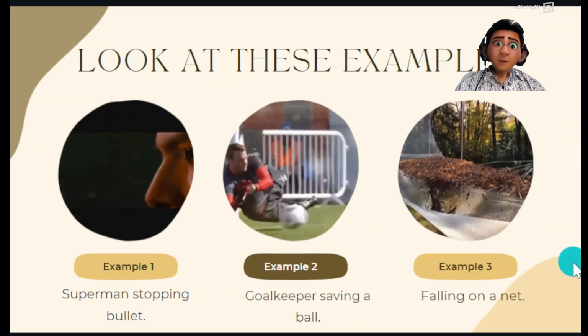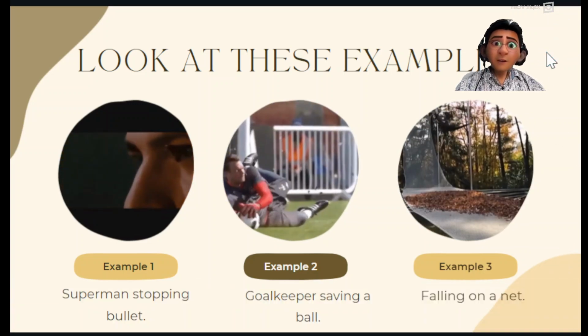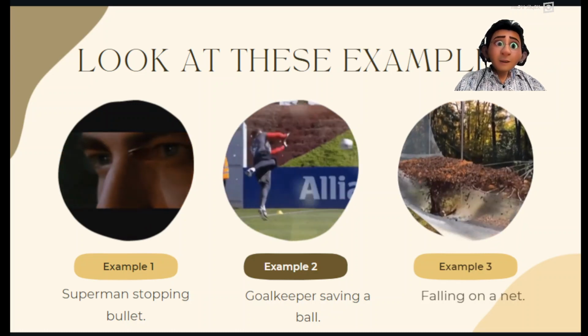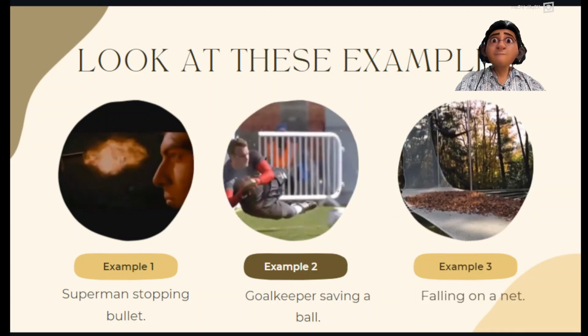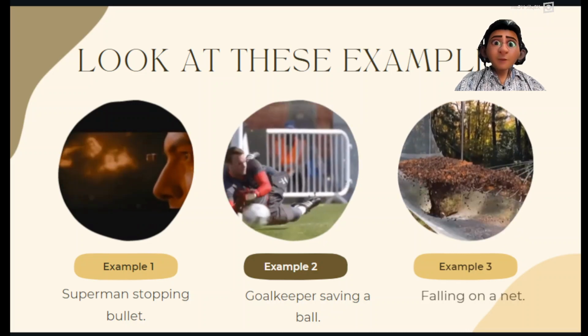And example number three is falling on a net. So here there are two properties there, not properties.